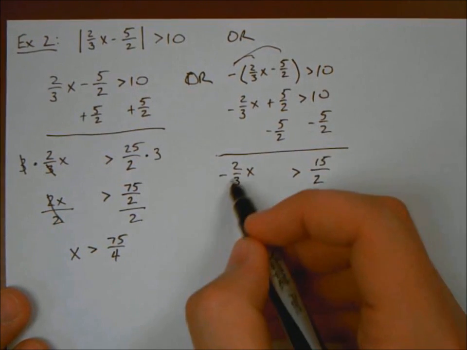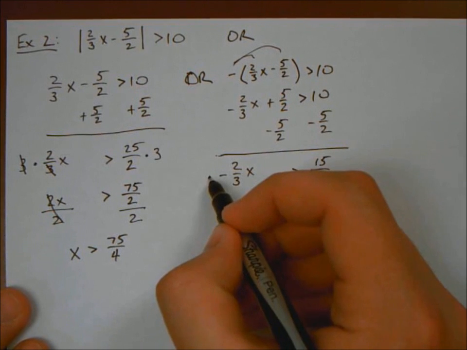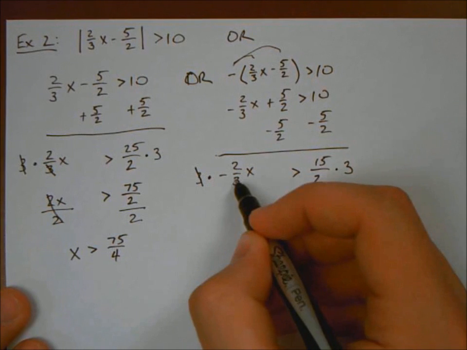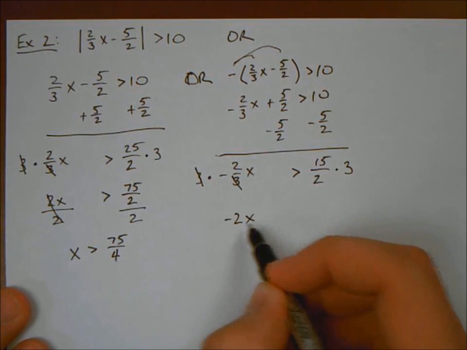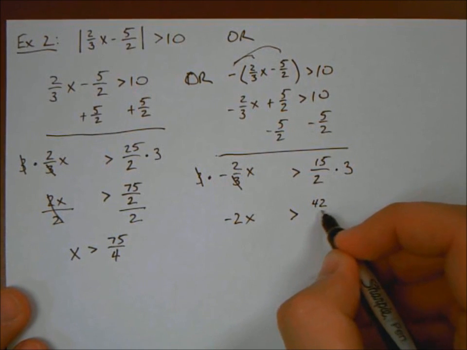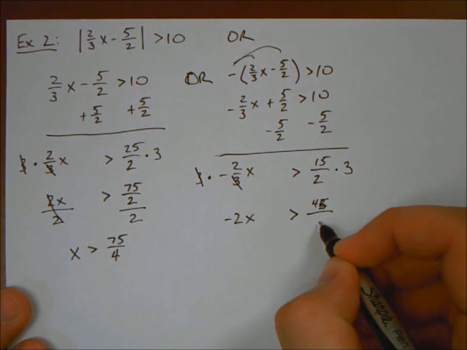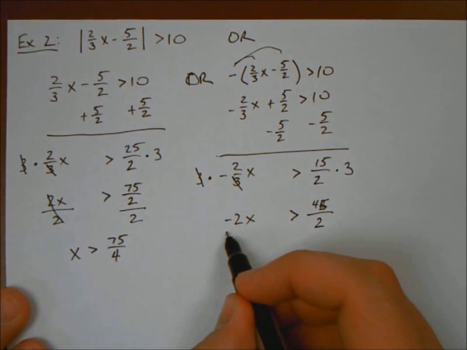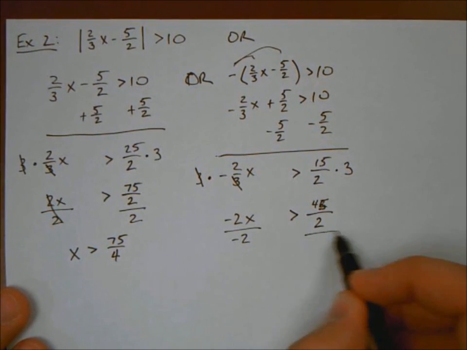Again, I've got the 3. I want to get rid of it. It's in the denominator, so I'm going to multiply both sides by 3. The 3's cancel out. It leaves negative 2x is greater than 45 over 2. Last step, divide both sides by negative 2.